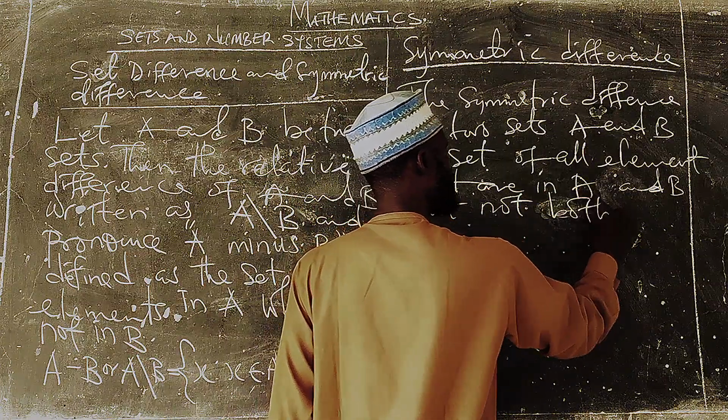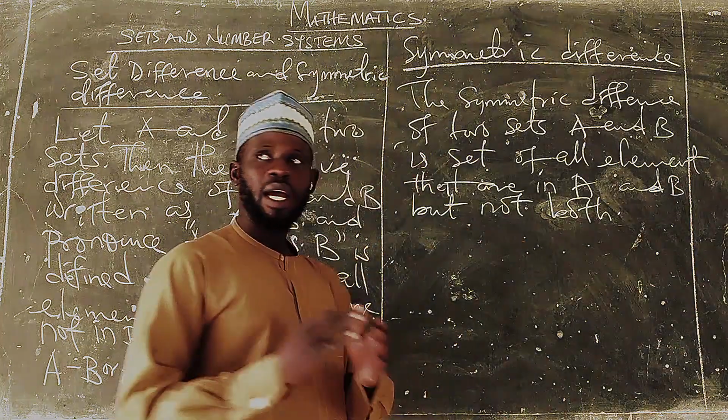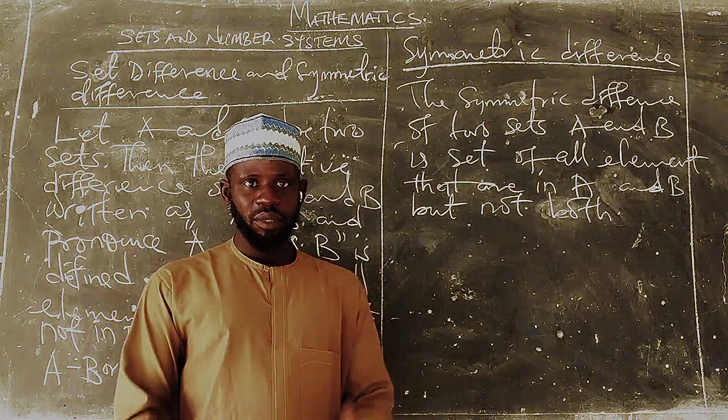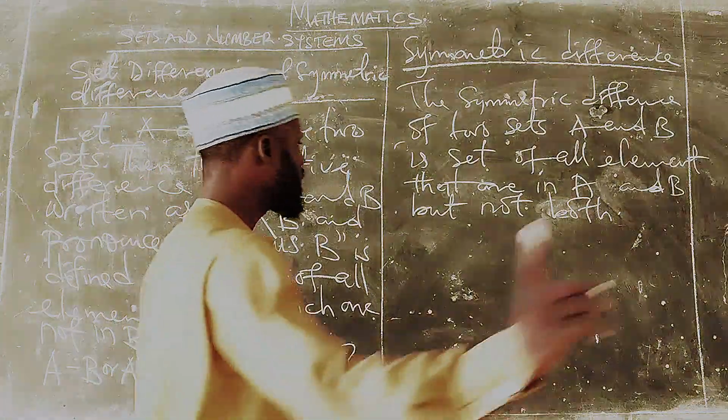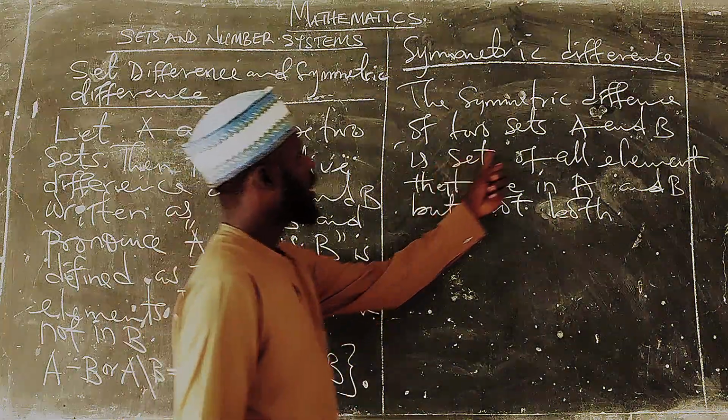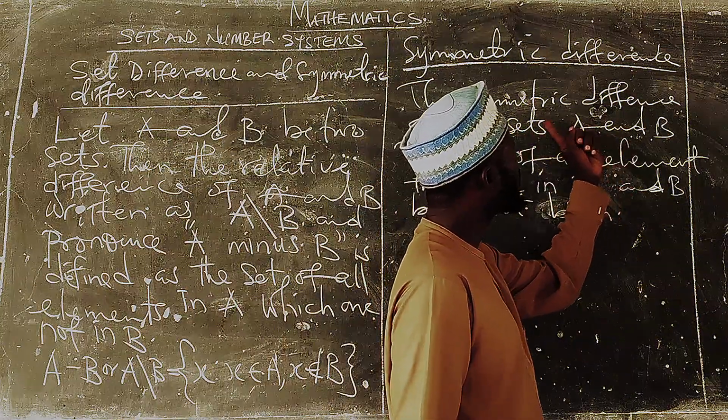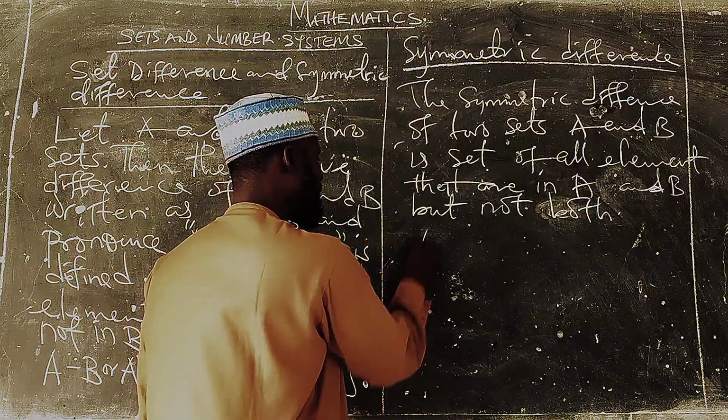So this is the set of all elements in A and the set of all elements in B, but not in their intersection.